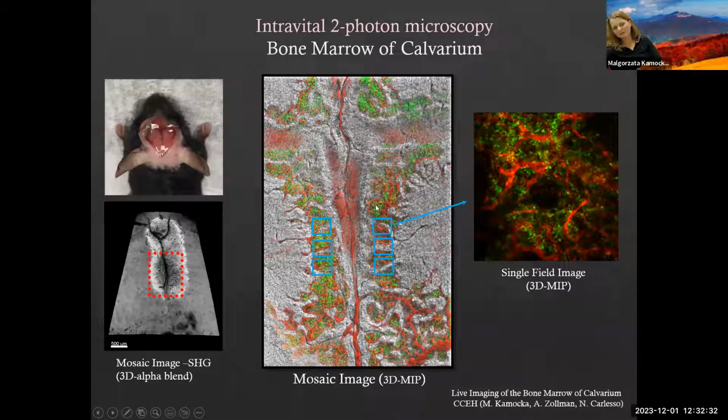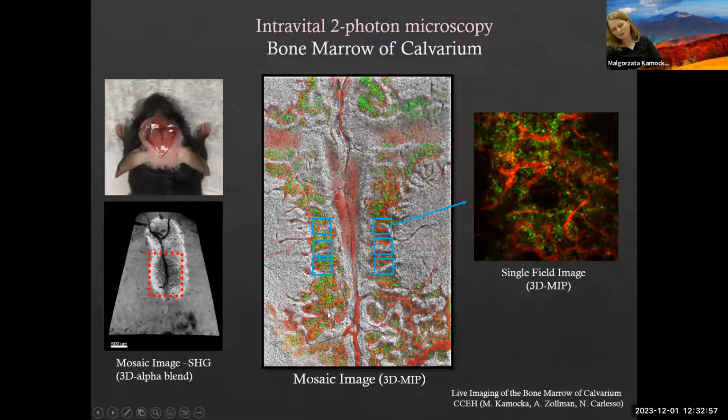We also see green cells in the niches; the animal is a LysM-GFP animal, so the myeloid lineage has GFP signal here.